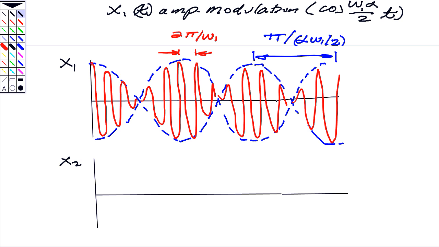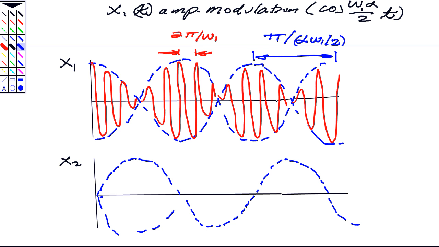Now x2, again, it differs because the amplitude modulation is sine. So let me do my best job here of making that sketch. The sine is 180 degrees out of phase from the cosine. You'll probably do a lot better than I do on this sketch.